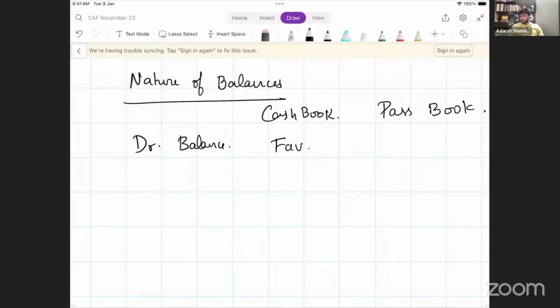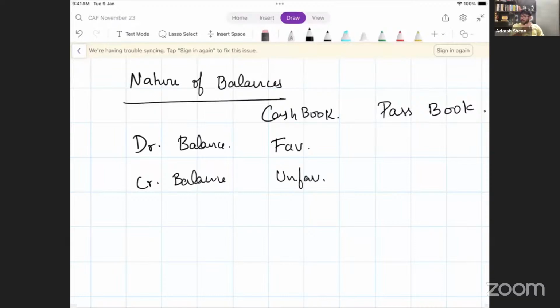It's a positive balance. If your cash book has a credit balance, that means it's a liability for you. It's an unfavorable balance. It's from your perspective. Any account, this is a personal account. If a personal account has a debit balance, that's an asset. It's a receivable for you.